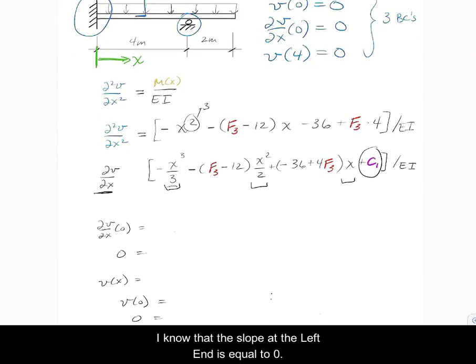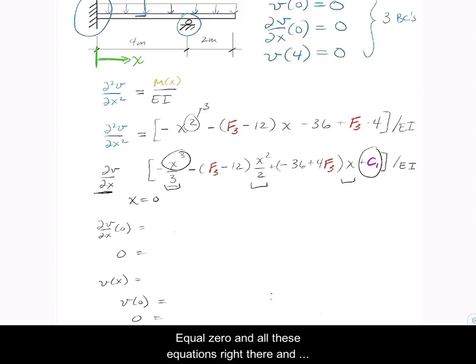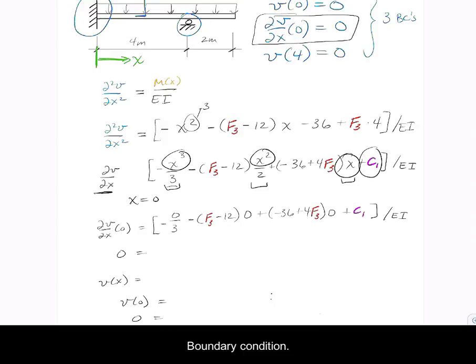I know that the slope at the left end is equal to 0. So what I'm going to do is apply x equals 0 in all these equations right there, and that's going to end up zeroing out quite a few terms. So you see the application of 0. I know that the slope at 0 equals 0, again looking back at our boundary condition.